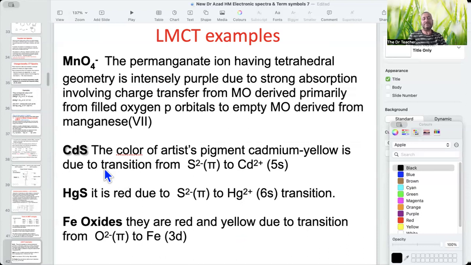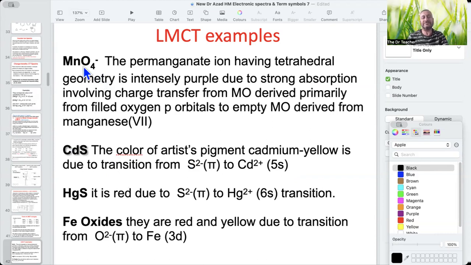And here, color: the artist pigment cadmium yellow is due to transition of pi, from the pi sulfur to the cadmium 5s. This is the ligand from the sulfur to the cadmium, so it's ligand to metal.